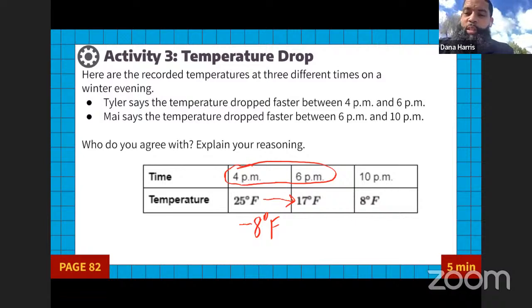Now, if we go to a different color and we look at between 6 p.m. and 10 p.m., notice the temperature goes from 17 degrees to 8 degrees, okay? And so if we take 17 degrees and we drop it down to 8 degrees, and let me make sure, actually it says 17 on here, but it actually should be 18.